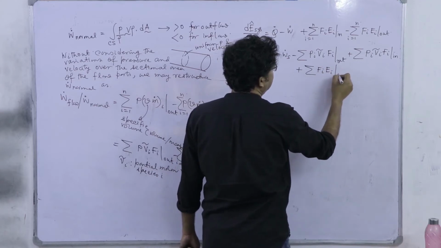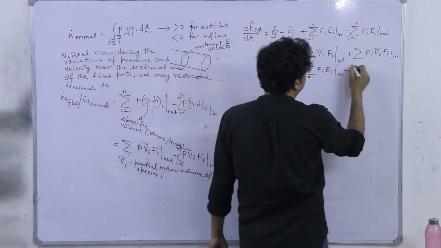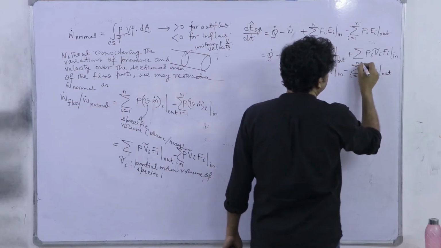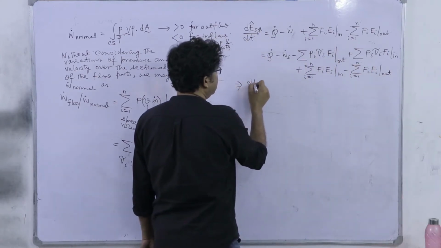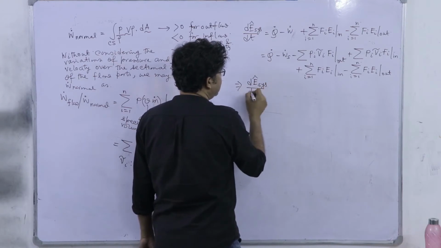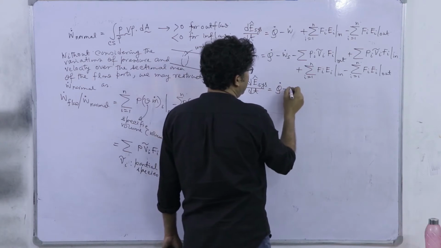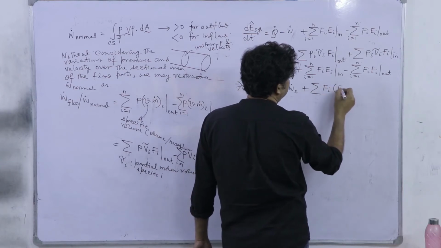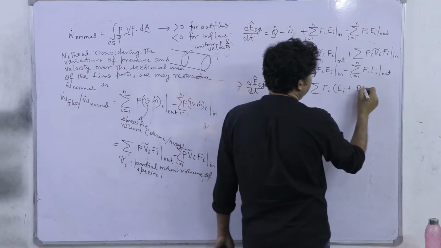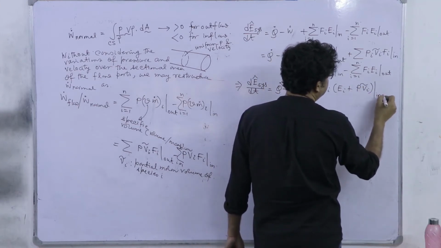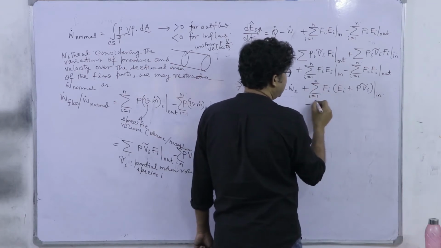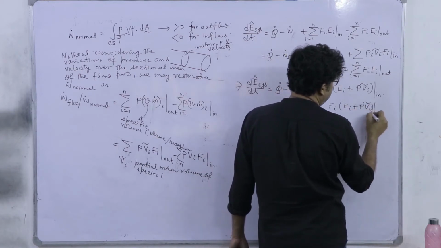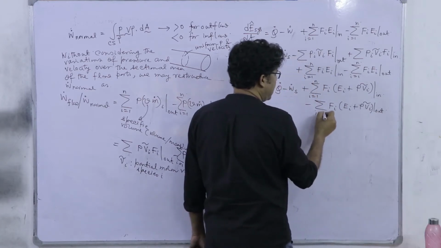With that structure, dE system by dt becomes Q dot minus W dot S plus the sum of Fi into Ei plus P Vi tilde in, minus Fi into Ei plus P Vi tilde out, i equal to 1 to n.